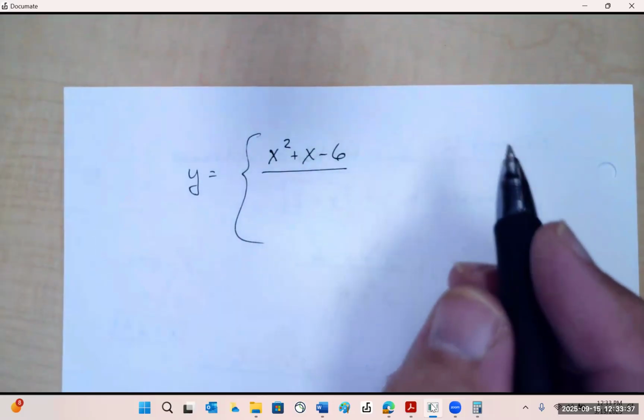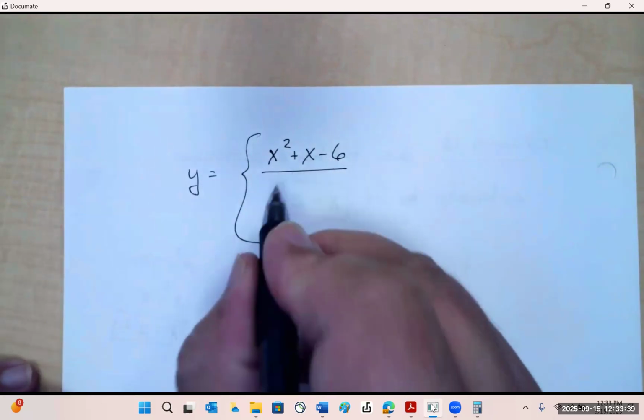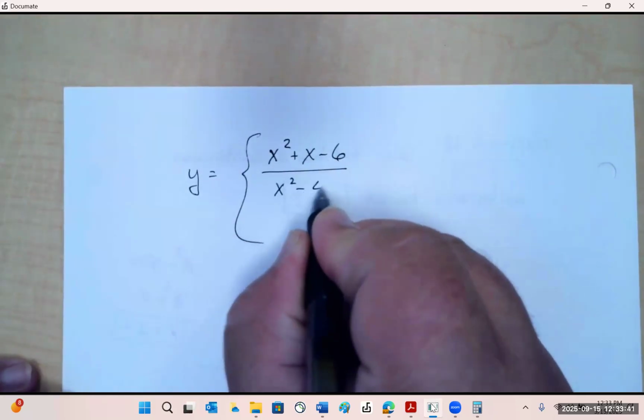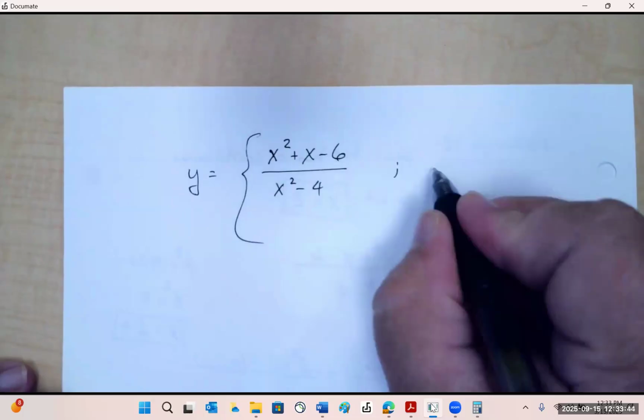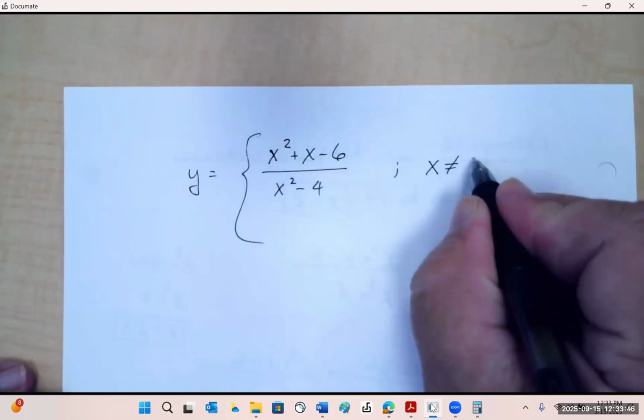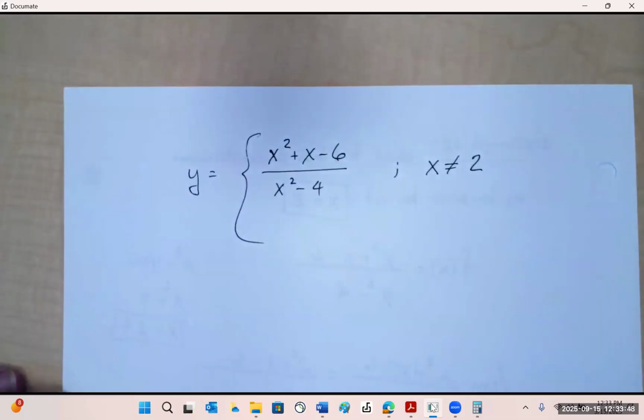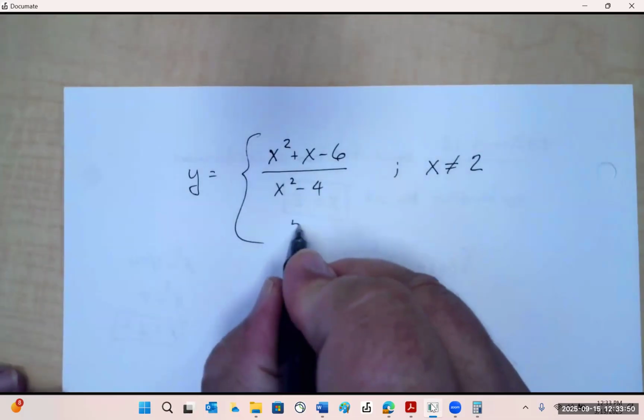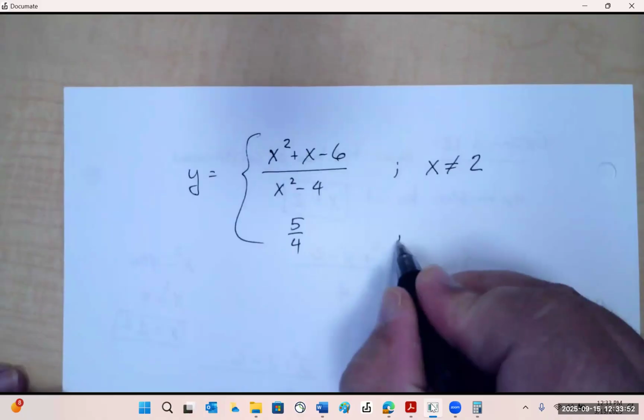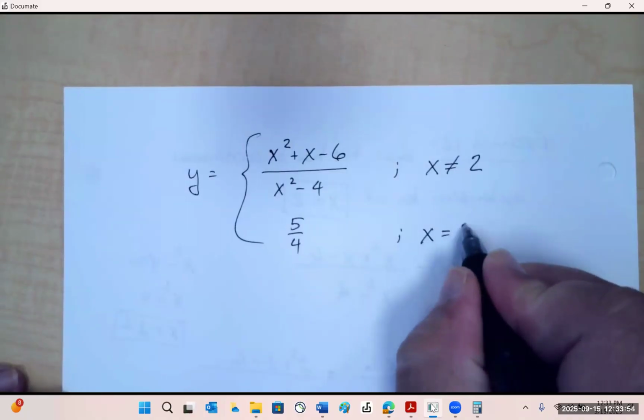We use our function, x squared plus x minus 6 over x squared minus 4, whenever x does not equal 2, and it equals 5 over 4 whenever x equals 2.